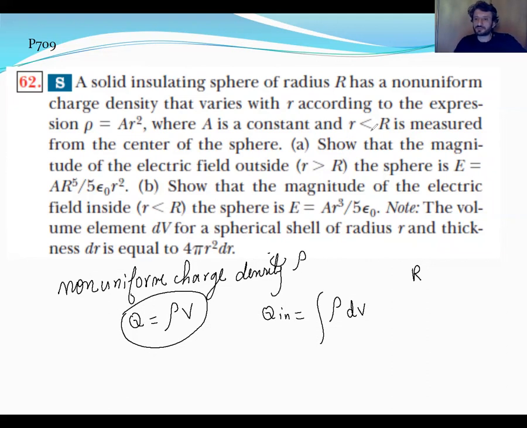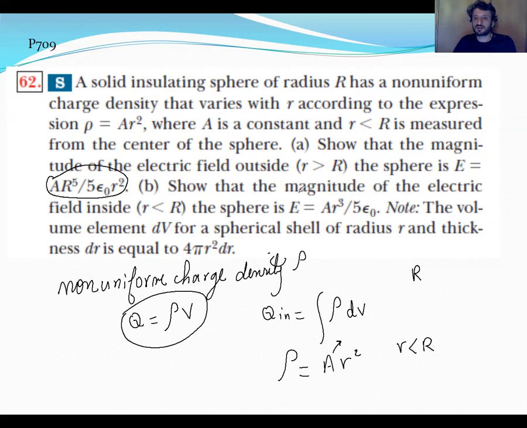We continue. Rho is not constant, it equals a r square, where A is constant and r is less than the radius of the sphere. First of all, we have to show that the magnitude of the electric field outside the sphere equals this value.